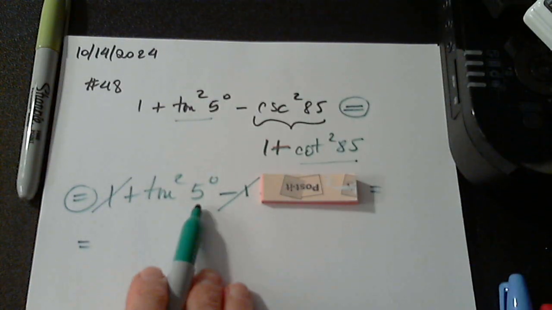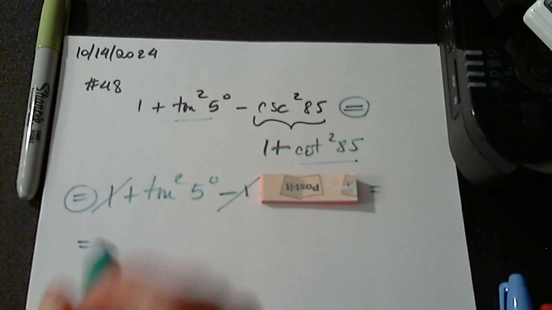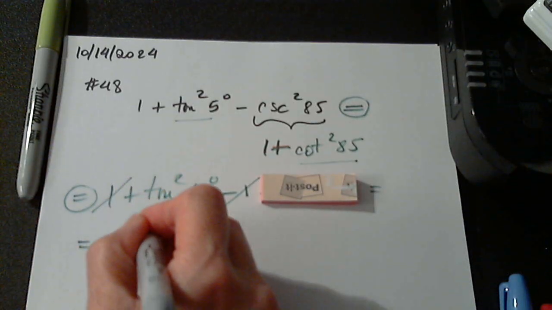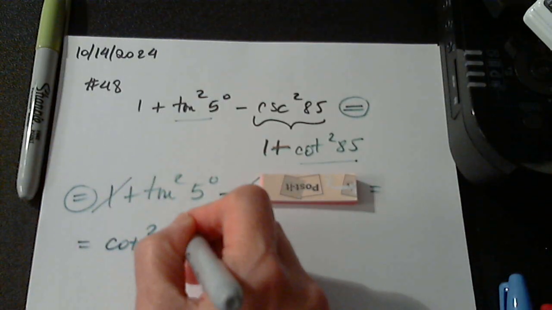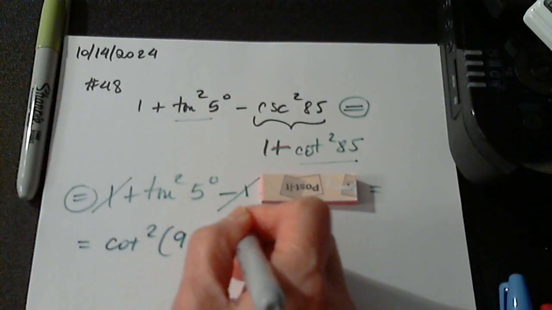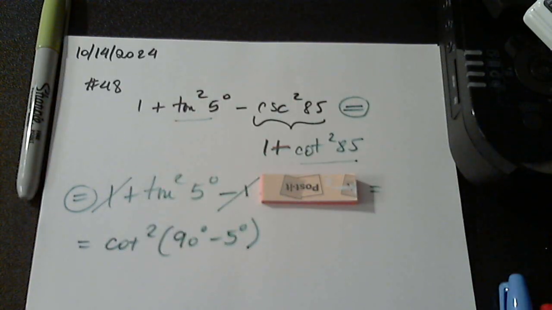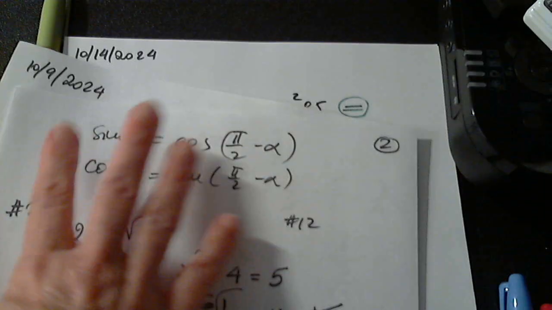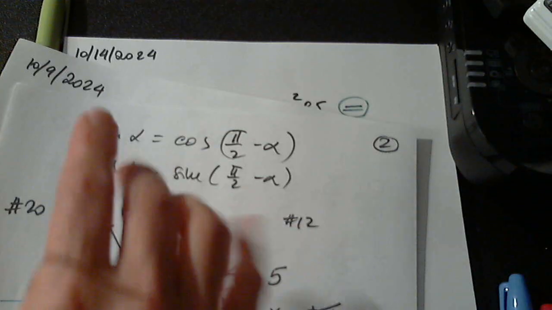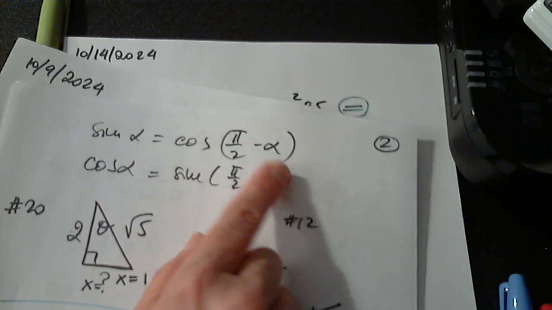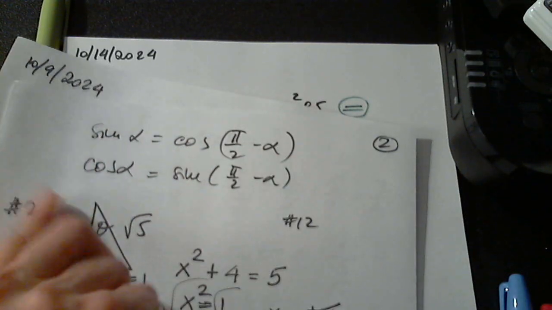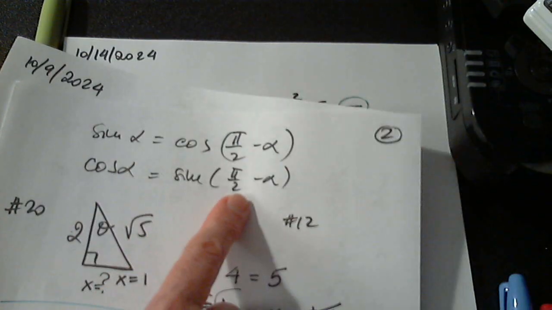Knowing that tangent squared 5 degrees is the same as cotangent squared of 90 degrees minus 5 degrees. How do I know this? From the previous class, they're all true: sine alpha equals cosine 90 degrees minus alpha, and cosine alpha equals sine 90 degrees minus alpha.